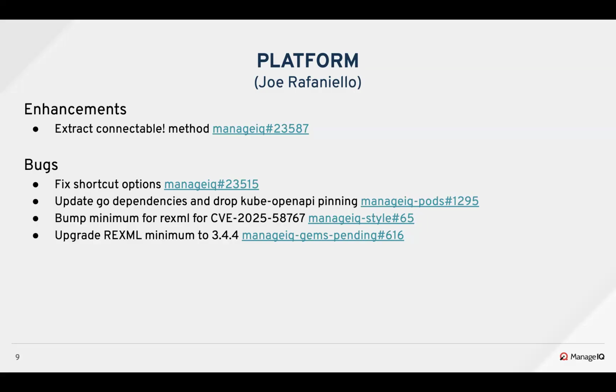Jason updated the Go dependencies, and we no longer force kube OpenAPI to a specific version, allowing us to upgrade it. Jason required REXML 3.4.4 in ManageIQ style, and that was to address the CVE fixed in 3.4.2. And then I required a REXML minimum of 3.4.4 in gems pending. Next slide.